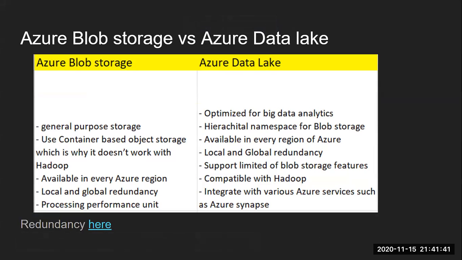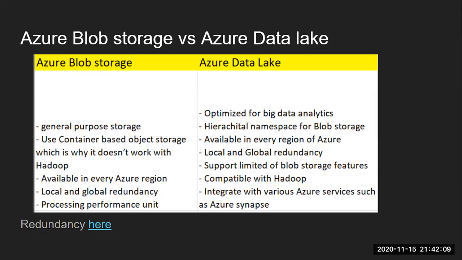I just want to go a little bit into what hierarchical namespace means and what local and global redundancy mean. Before moving on to the next section, the main thing you need to remember in this slide is that Hadoop can access the data lake directly without needing to move or transform data.